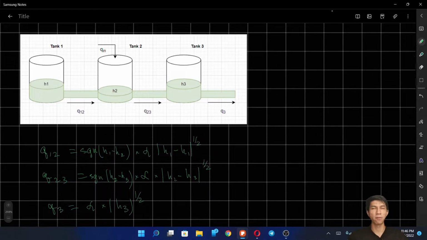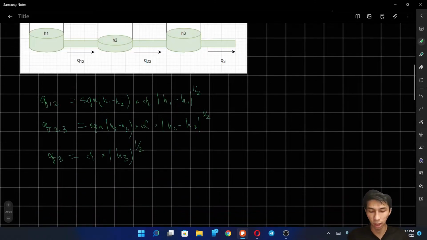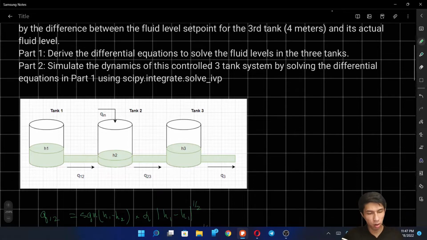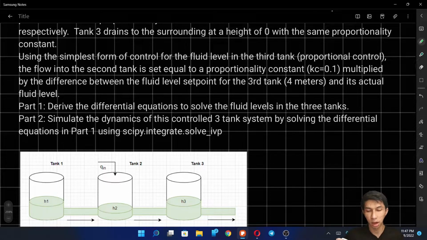And we also have the flow entering tank 2 from our outside surroundings. We're going to represent that as given here, using the simplest form of control for the fluid level in the third tank.